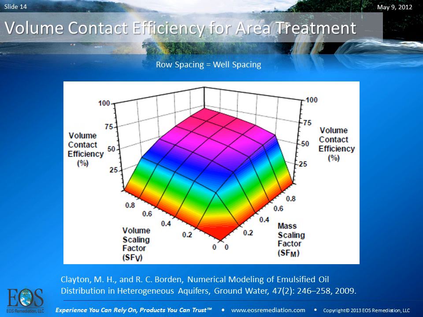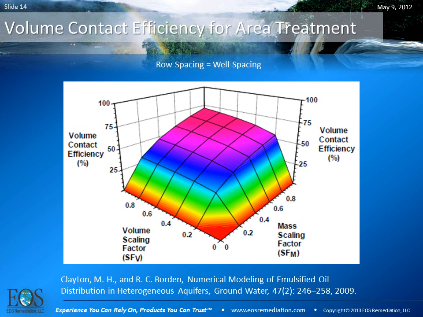So here's the volume contact efficiency that I mentioned before, and this is the main performance metric for area treatment. So on the X and Y-axis, you have again the volume scaling factor and your mass scaling factor.